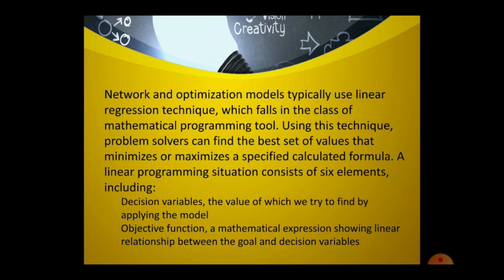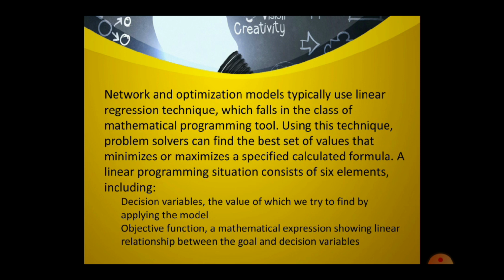Network optimization models typically use linear programming techniques, which fall in the class of mathematical programming tools. Using this technique, a problem solver can find the best set of values that minimizes or maximizes a specified formula.